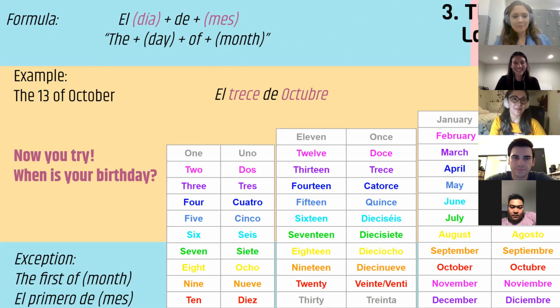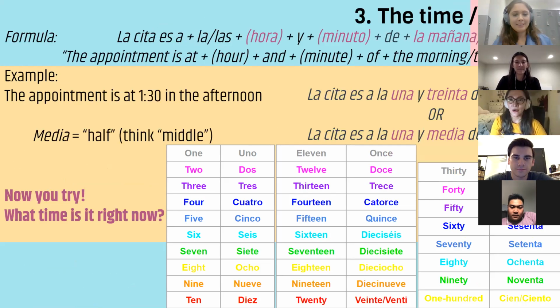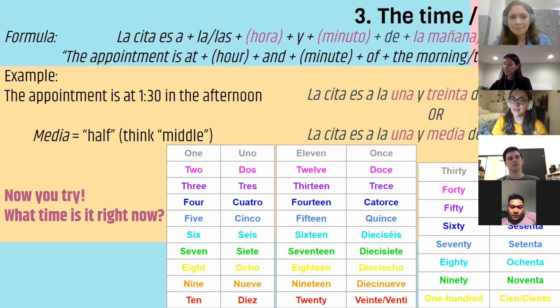So yeah. Now we'll go with time. So again, another formula, right? So if you're going to say the appointment, that would be la cita, es a. Okay. So the appointment is at, la cita es a. Then you would say the hour, right?